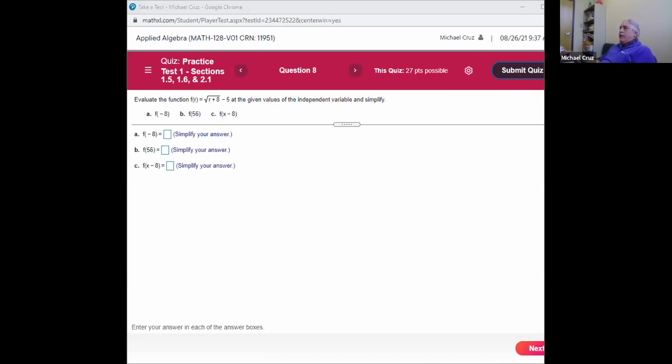Sometimes they'll use different variables to be descriptive of something. This might be having to do with radius, so that's why they use r. Okay, so there's the function.